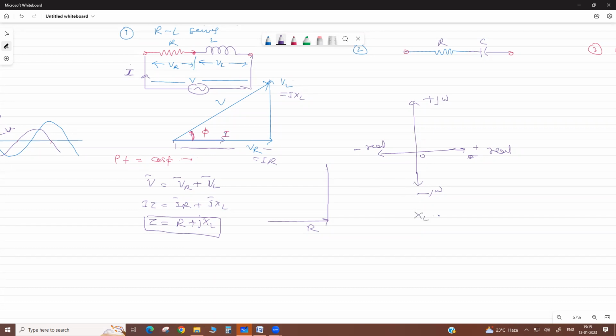Please remember XL equals j omega L. And XC equals 1 by j omega C, which when solved comes to minus j by omega C, okay? It is always negative, okay.